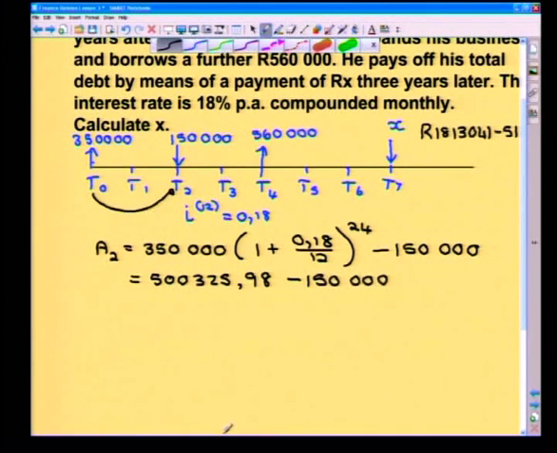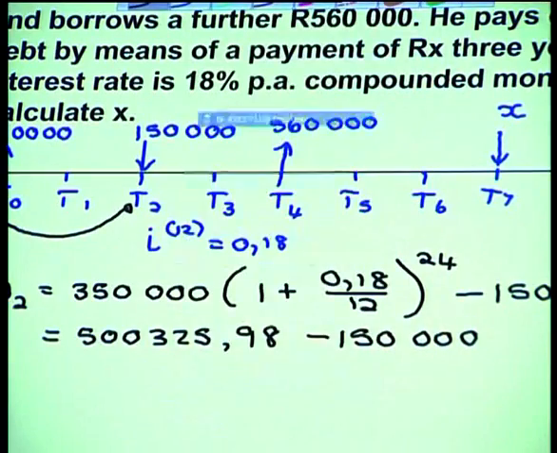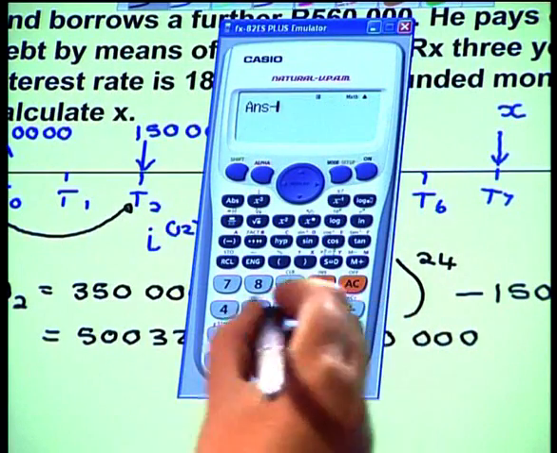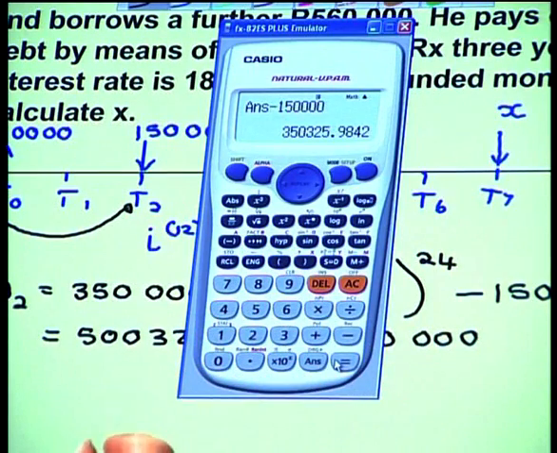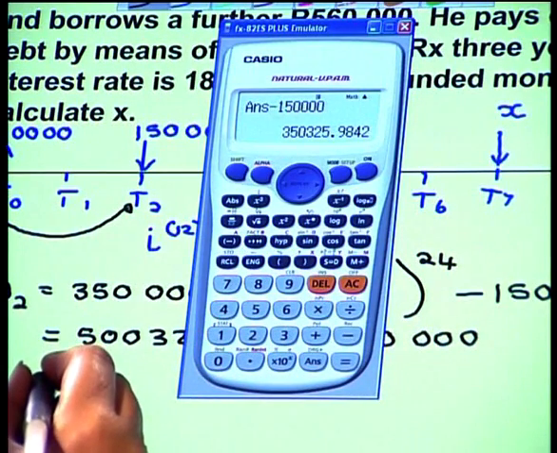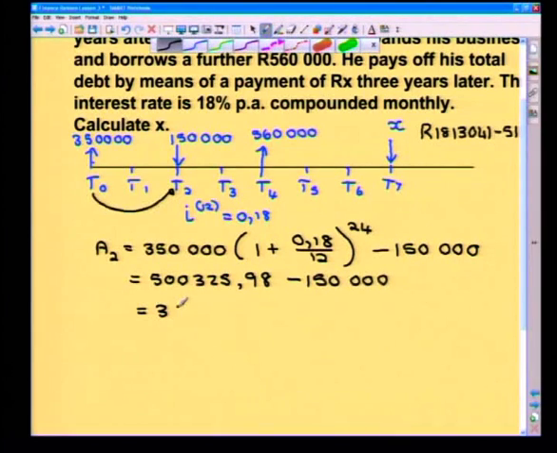So pulling up my calculator again, I would now say minus 150,123, right, equals. So now you can see what he owes is 350,325 and 98 cents. So this now becomes my new amount at this point.